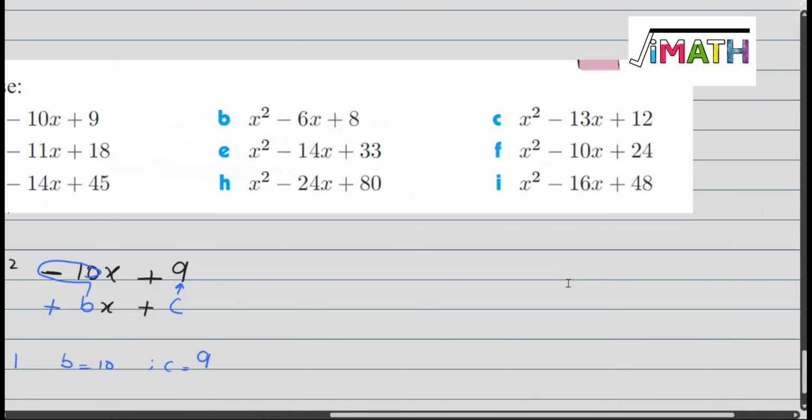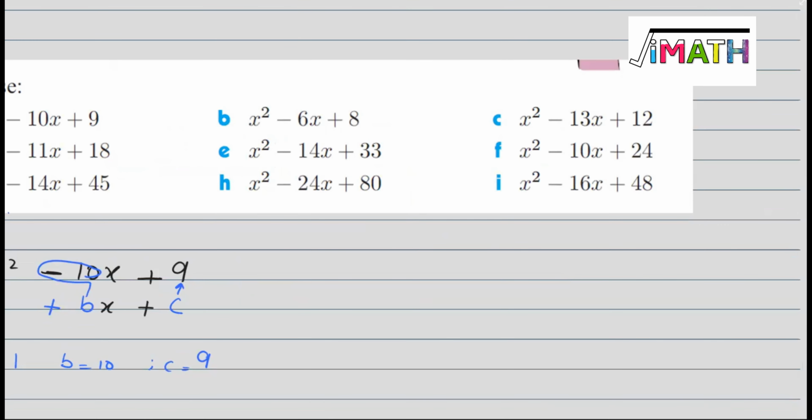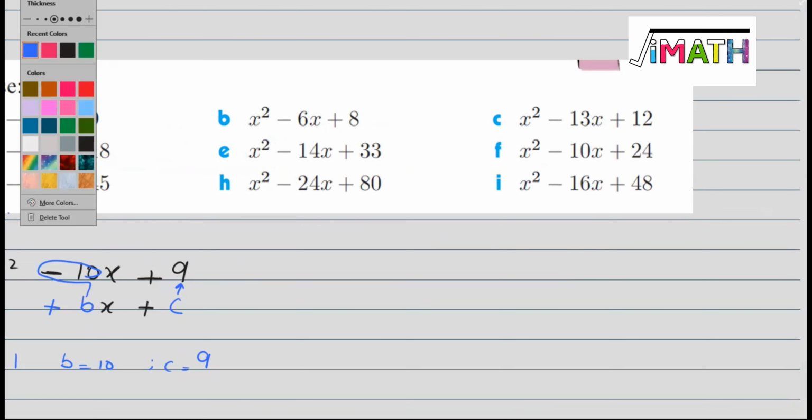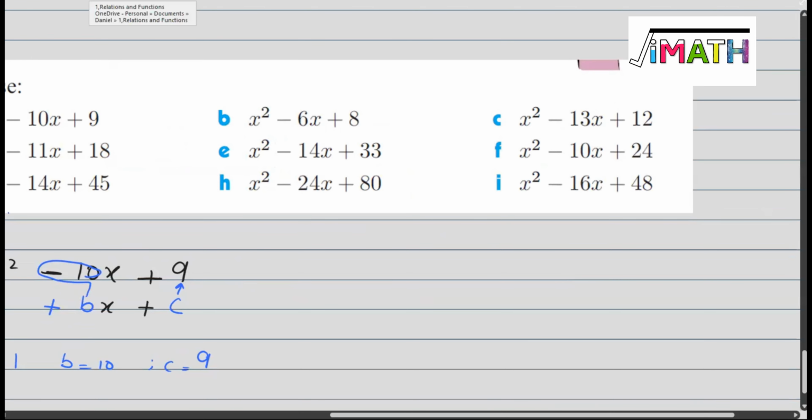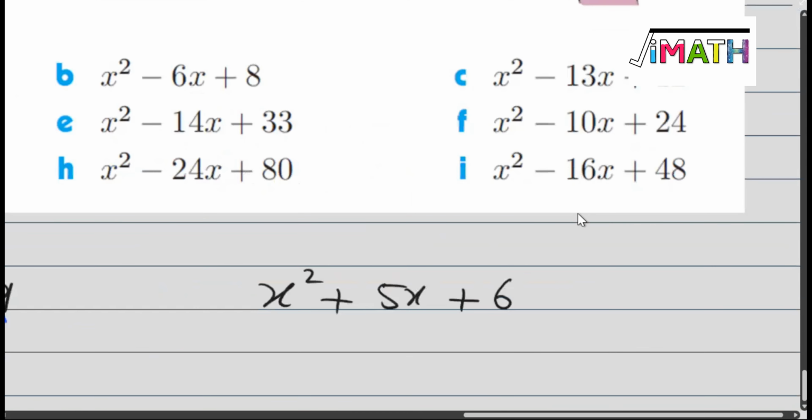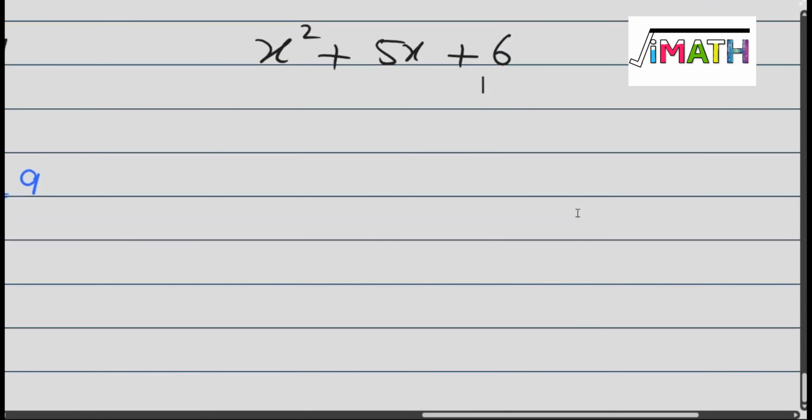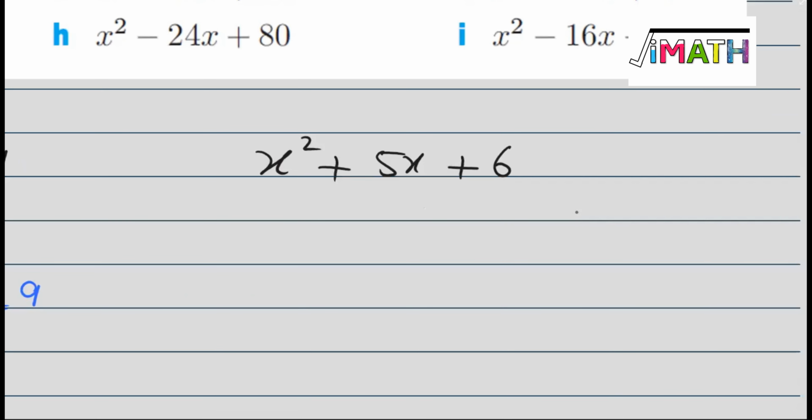So if I write a question here, can you give me the values of A, B, and C if the question is x squared plus 5x plus 6? So A would be 1, B is 5, and C is 6. Perfect.